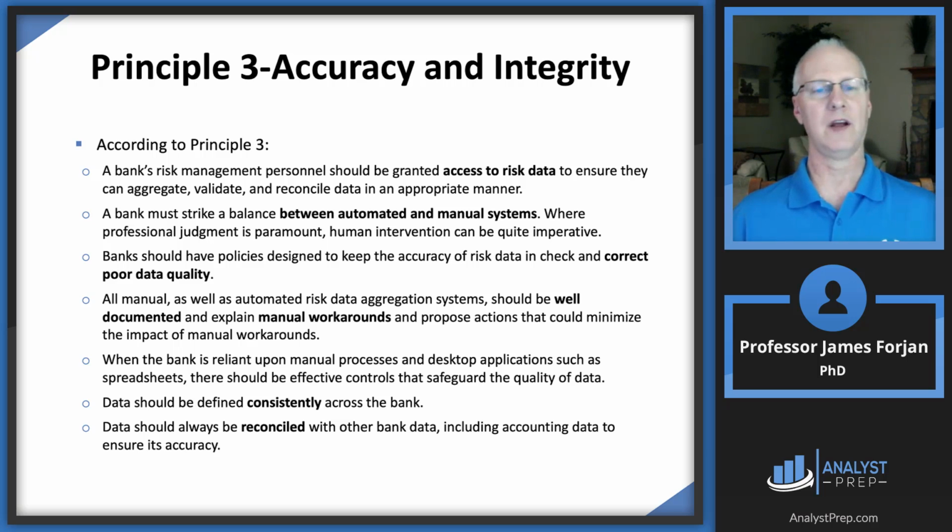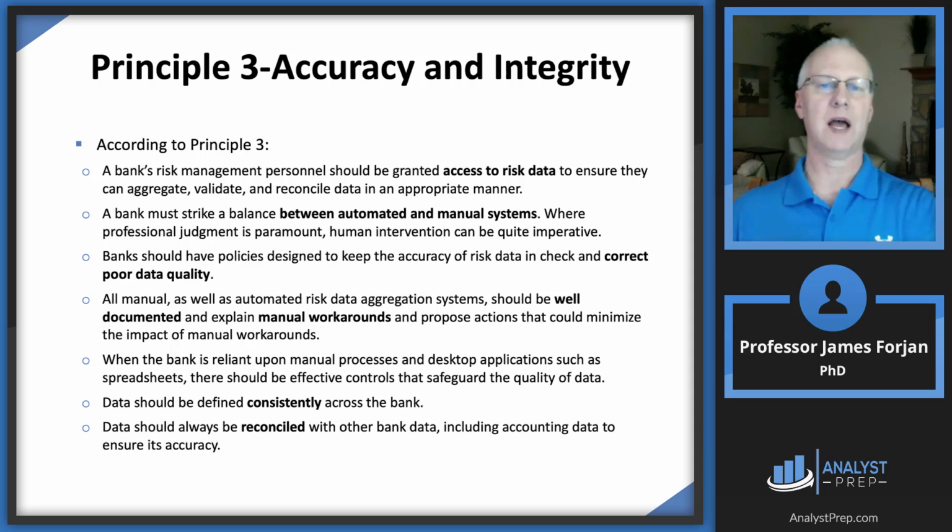In addition, these manual processes and desktop applications have to have effective controls. So go back to my Excel spreadsheet. It's just as easy for me to enter $26 for a pound of fish as it is to put in the correct $8.99 that I should have paid. So there has to be a process under which you can't have people inputting data for 100 straight hours because they're going to make mistakes.